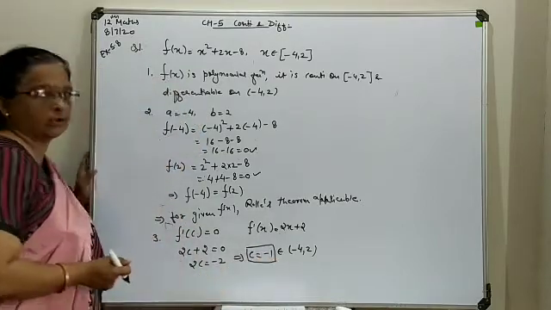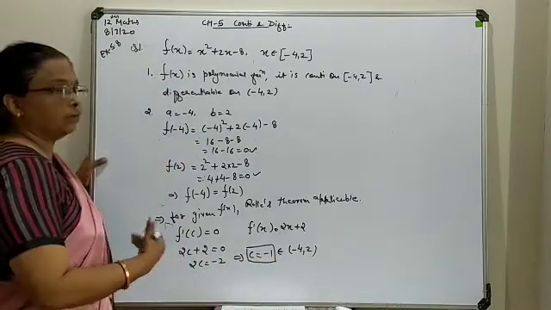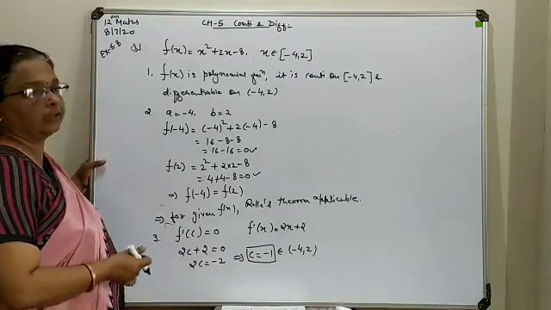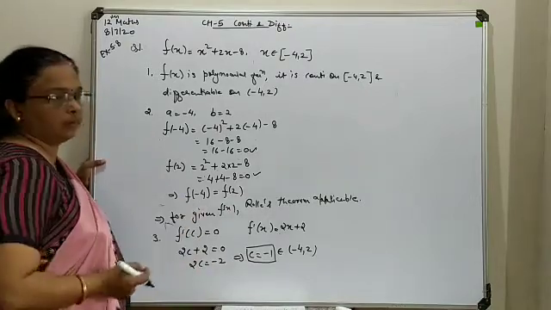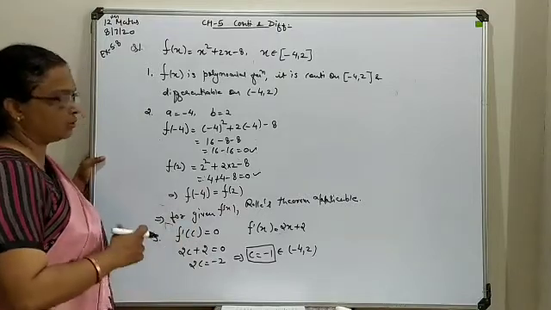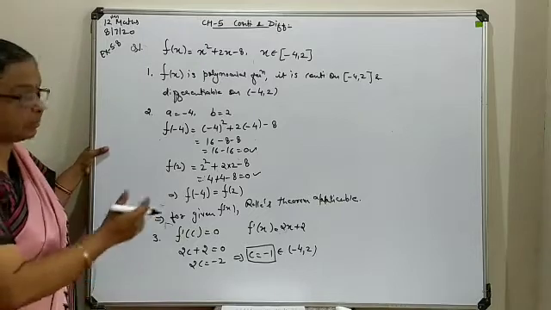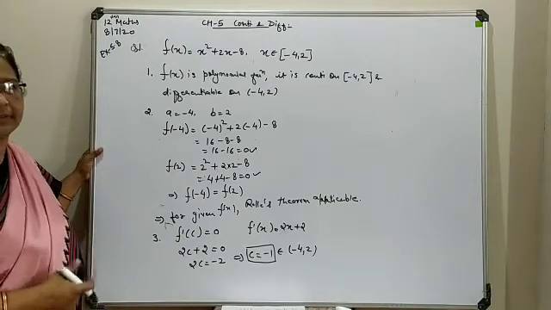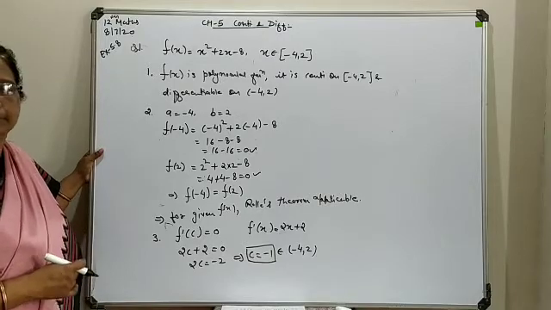In some questions it is possible to get two values of c. It may be that one lies in the required range and one does not. The value which lies in the required range is the only one you accept as the final answer; the other values you have to skip.